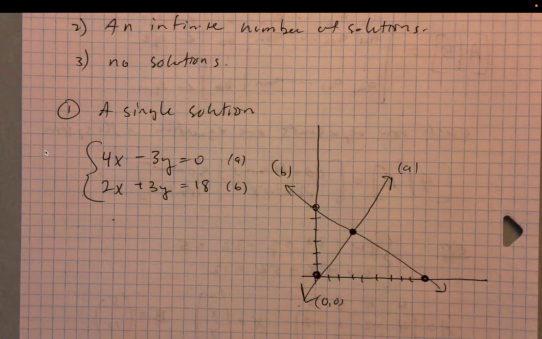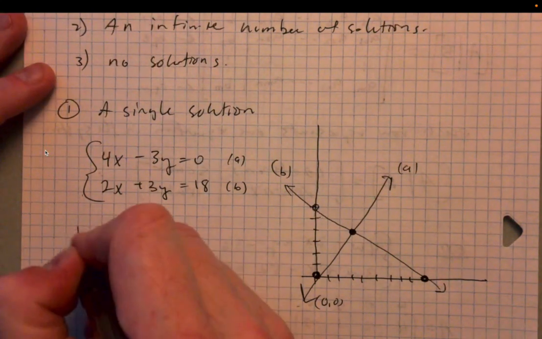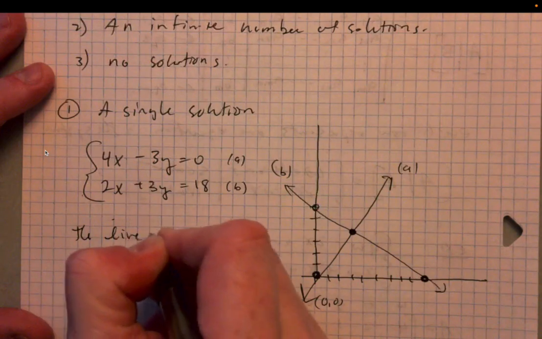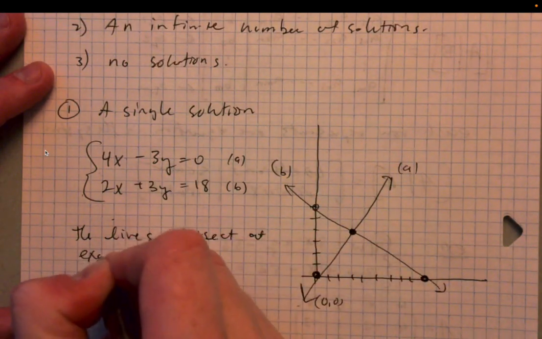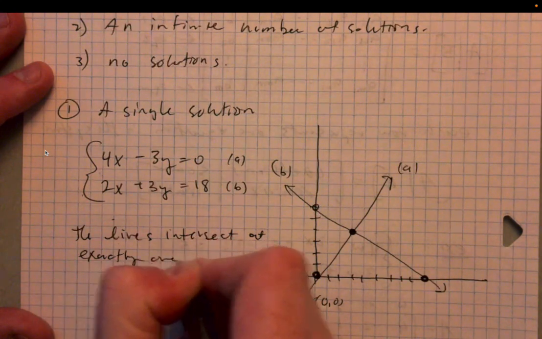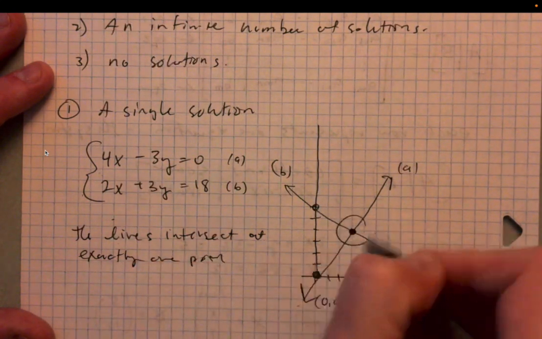And so in this example, the two lines of the system are going to intersect at exactly one point, namely this guy here.